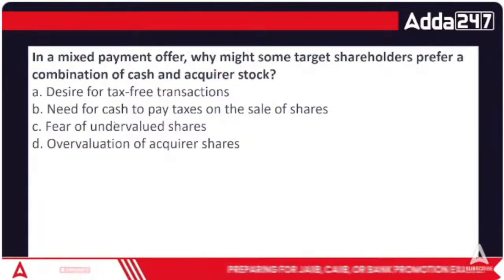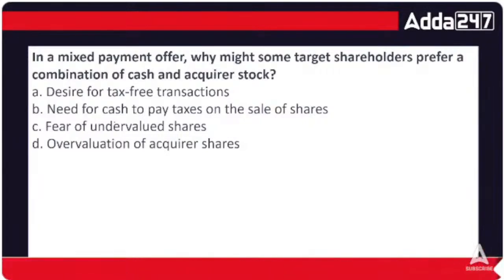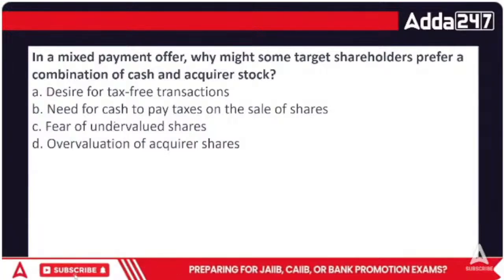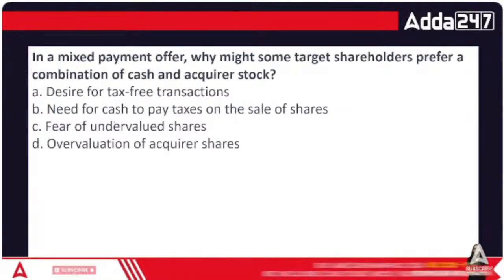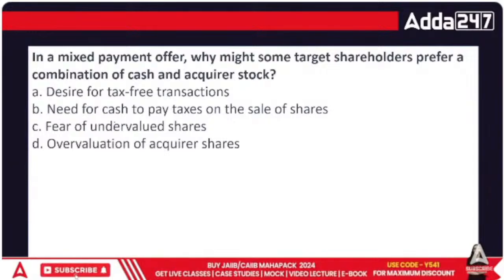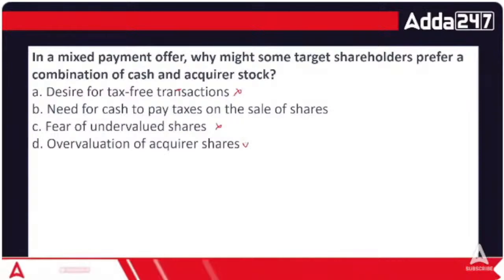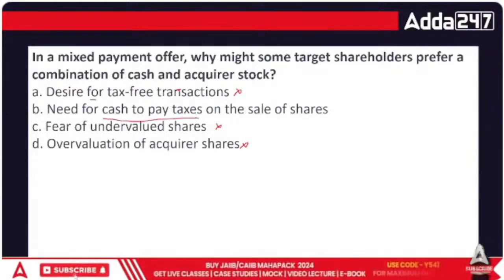When we are looking forward towards cash, obviously, if we are just getting shares while making the payment, the problem would arise, because in this case you want to have tax-free transactions, with no need for cash. Basically, the tax-free transactions aren't there at all. There is no undervaluation or overvaluation. In this case, you need money.